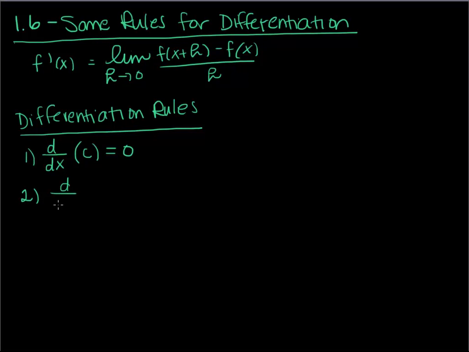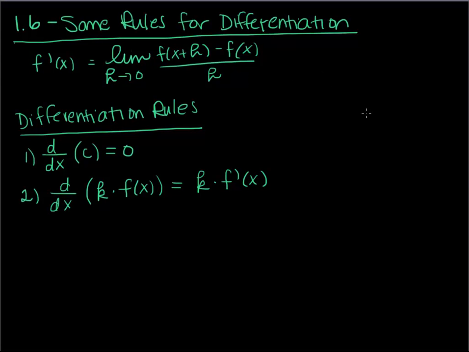Another differentiation rule, and I'm going to combine some stuff. If I have some constant k times my function, then I can just pull that constant out and take the derivative of the function, which is pretty great. This is a nice one to know.